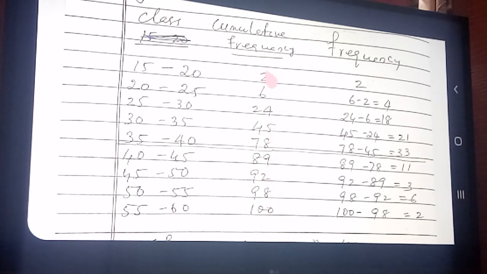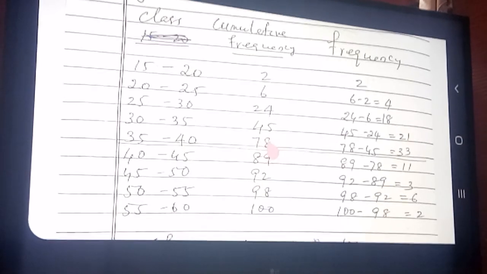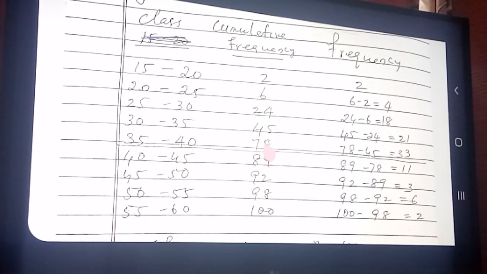Here you can see this is the cumulative frequency table. Up to here 45 coming, up to here 78 coming. So 46 onwards come in this class. So 50 will come in this class. So this is the median class. Are you clear? Already knowing how to find the median.